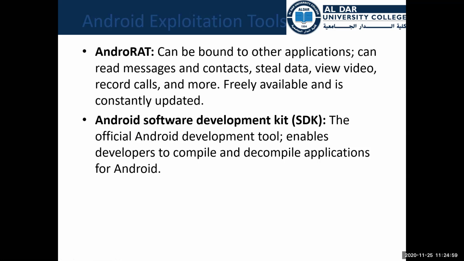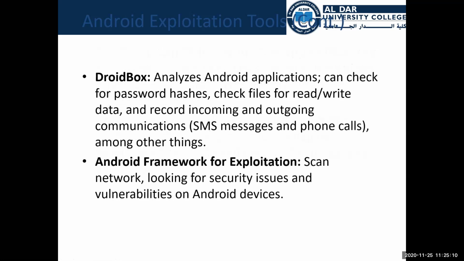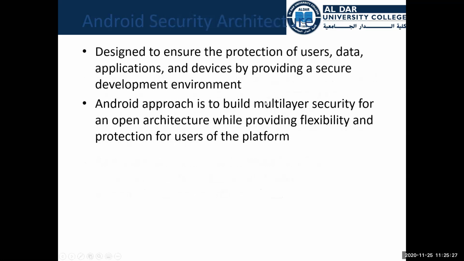And reverse engineering is not an ethical task because you can get the code or part of the code without the permission of the company. Also, Droidbox and the Android framework for exploitation. All these are exploitation tools. You can go online and read some information about these tools and how to use them for hacking Android devices.